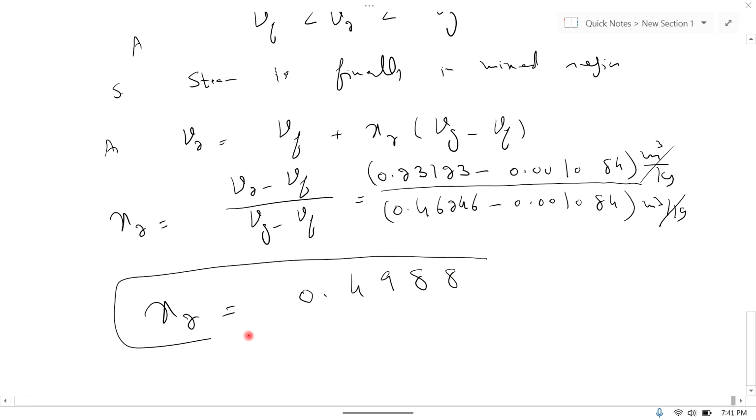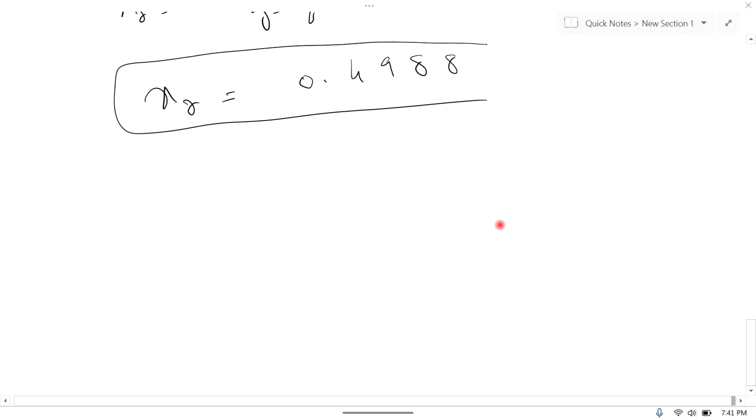Now we find H2. For H2 first we find Hf and Hg from the saturated steam table at pressure P2 equal to 400 kilopascal.